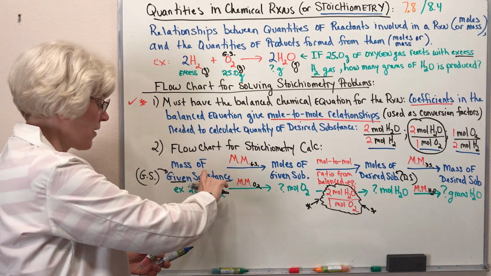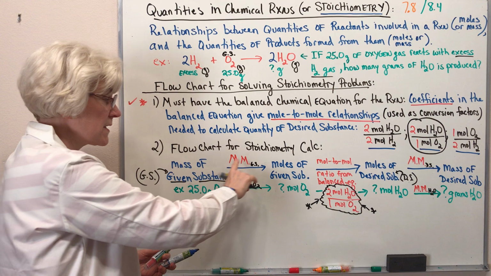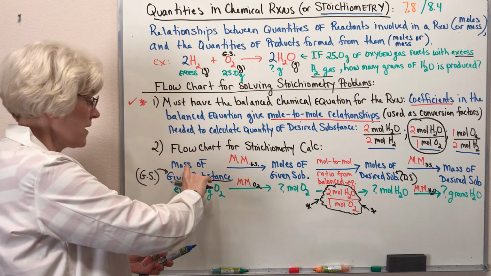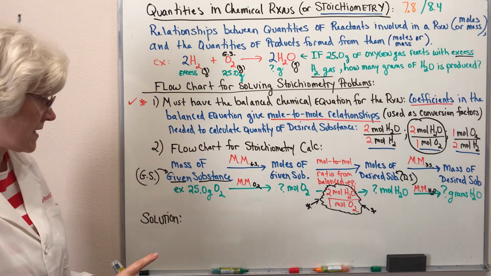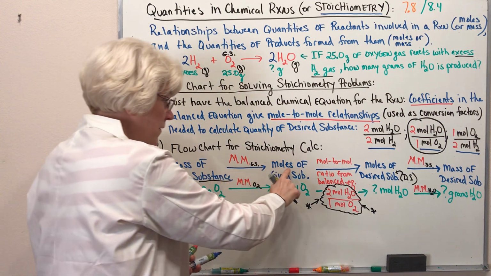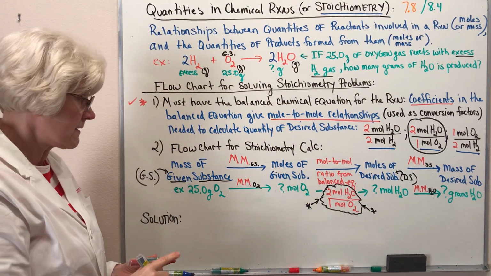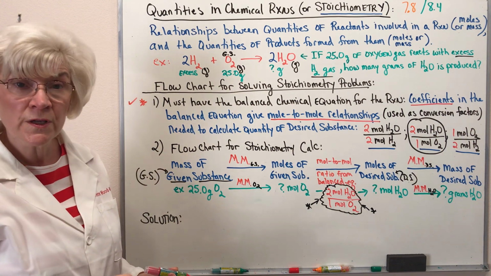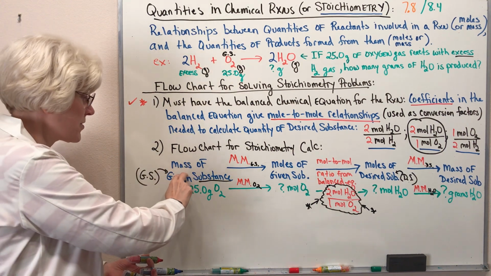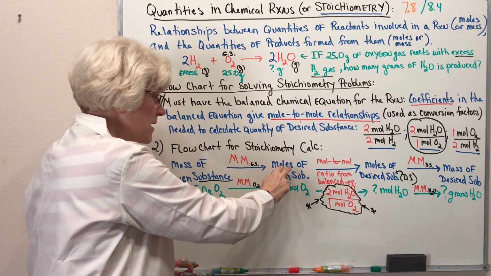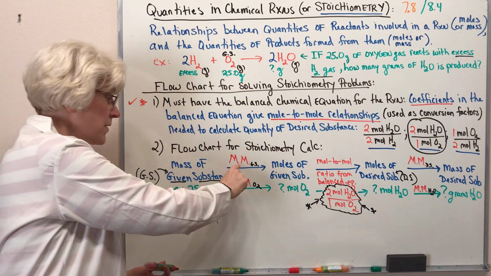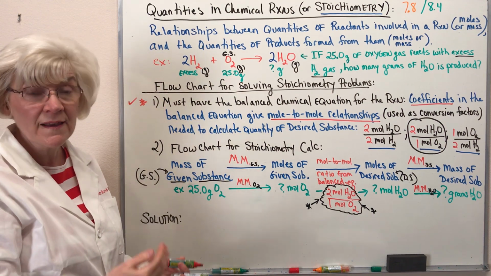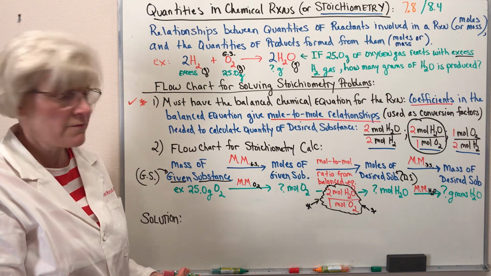In this flow chart, you would take the mass of the given substance and convert it into moles of given substance, and we just studied how to do that in mole conversion problems. In order to go from mass of substance to moles of substance, you need the molar mass of that substance as a conversion factor.